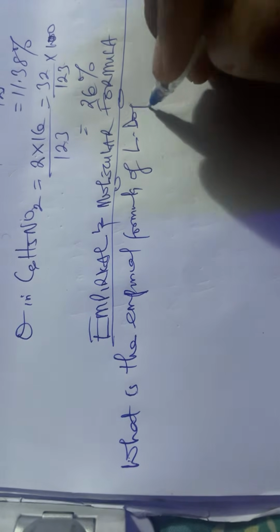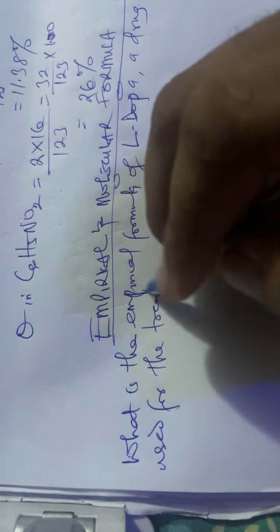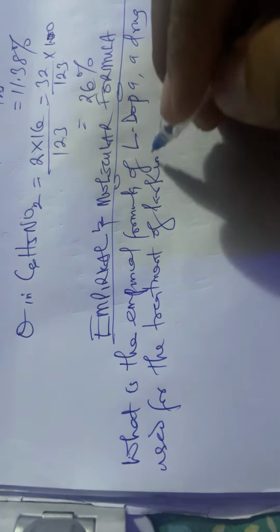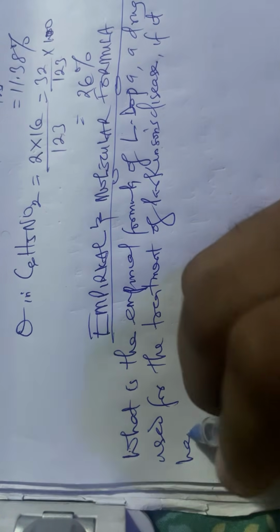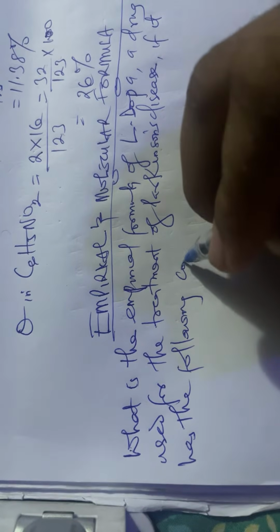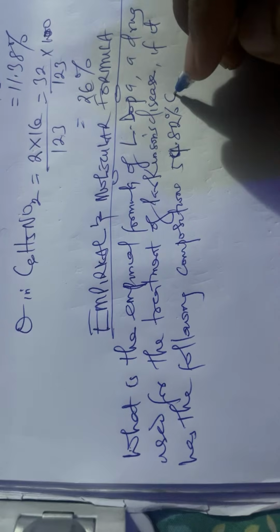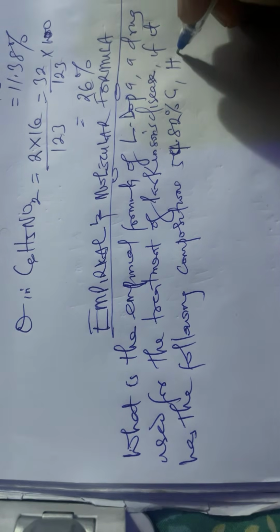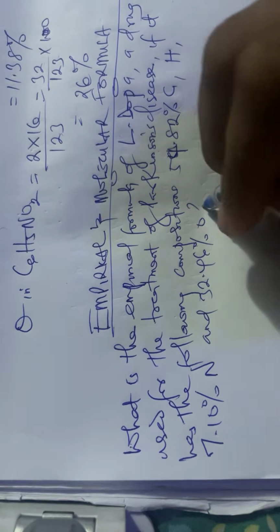The first question here says: what is the empirical formula of L-dopa, a drug used for the treatment of Parkinson's disease, if it has the following compositions: 54.82% carbon, 7.10% nitrogen, and 32.46% oxygen?